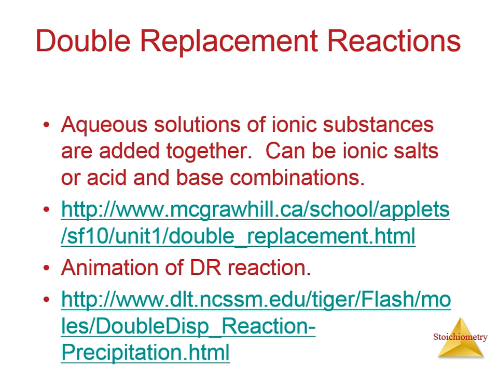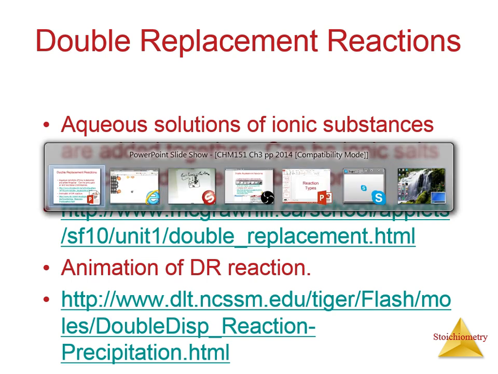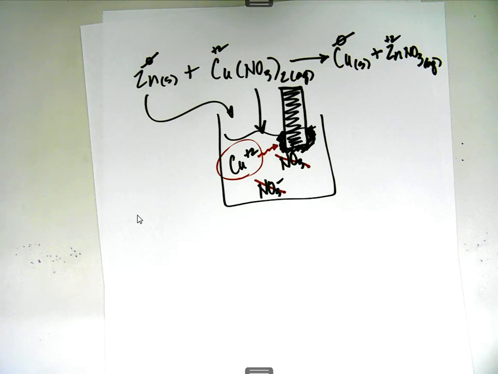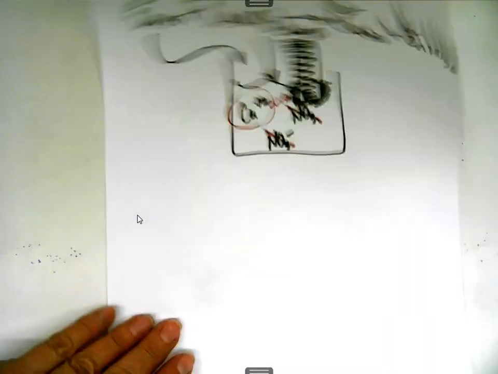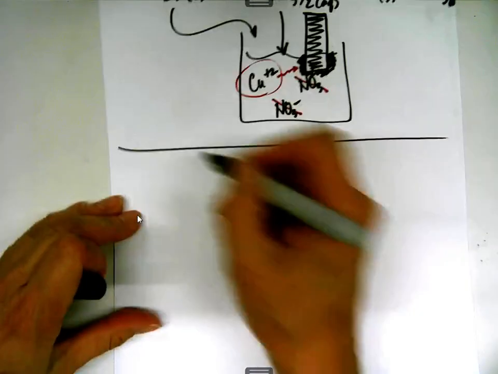All right, double replacement reactions. Double replacements are similar to single replacement, and then we got aqueous solutions. But double replacement reactions are aqueous solutions that are added together. So if we look at what that looks like on paper, I'm talking about double replacement now.